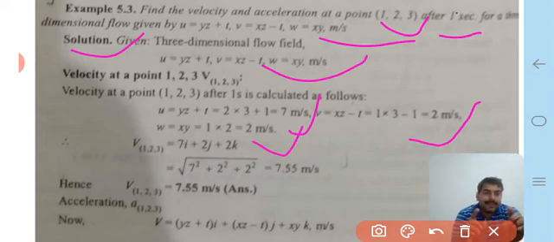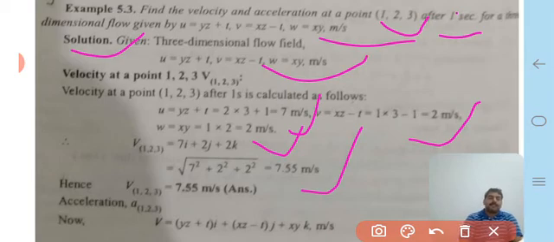Therefore, squaring the components of i, j and k, which are 7, 2 and 2, and taking the square root of these values, solving we get 7.55 meter per second, which is the magnitude of the velocity.